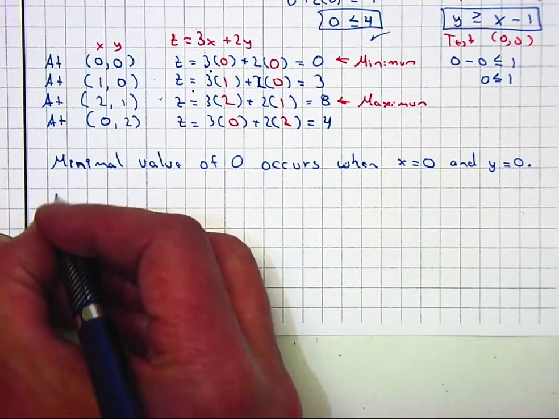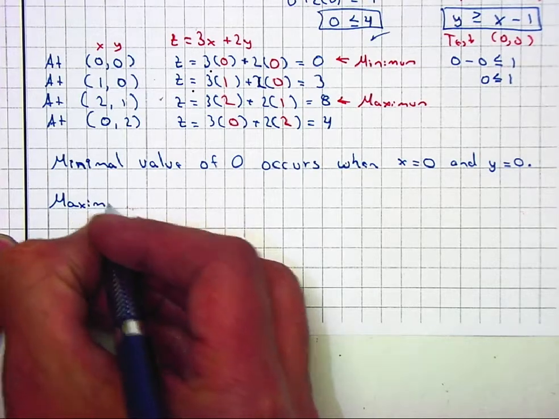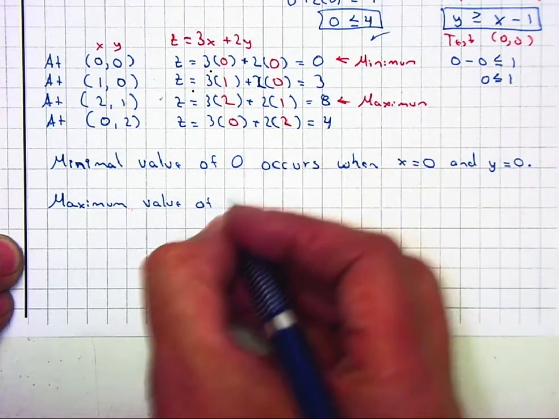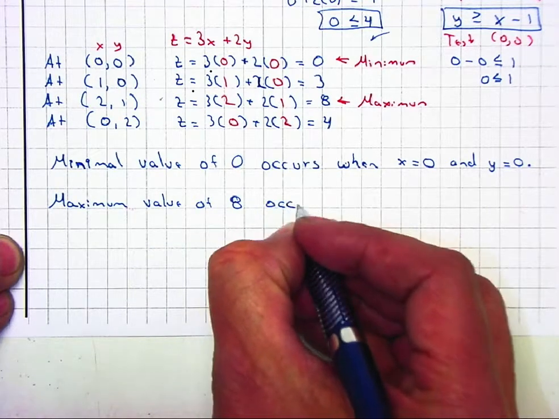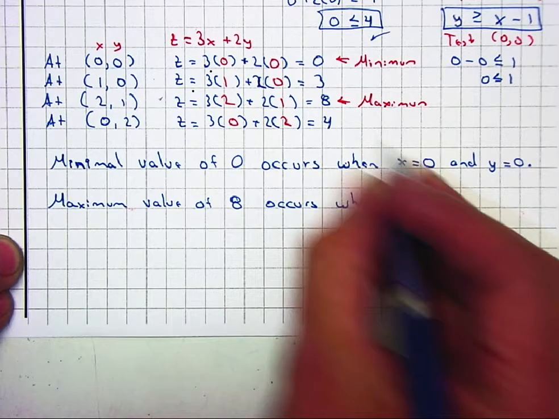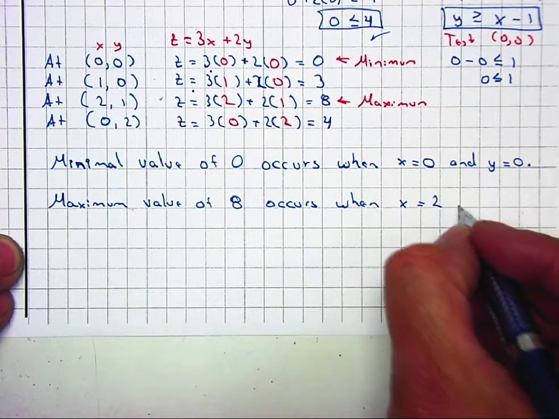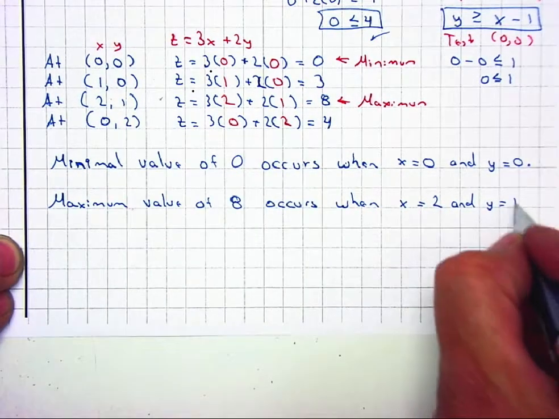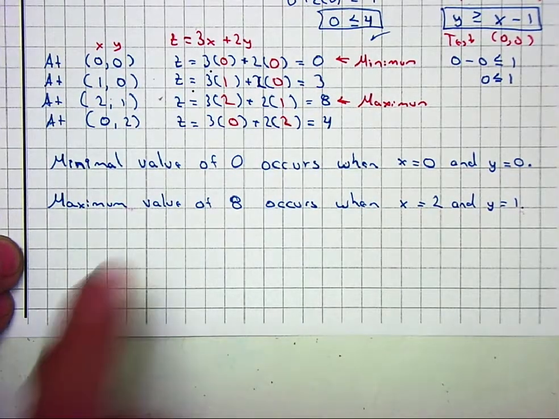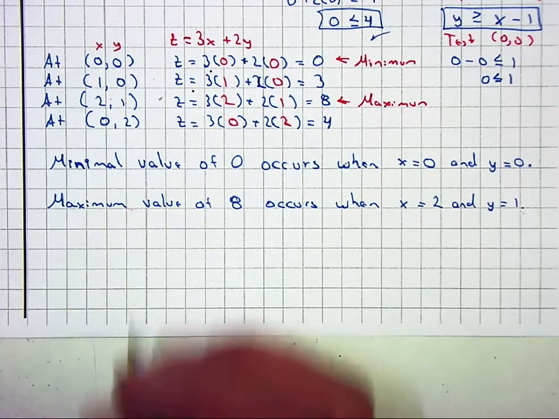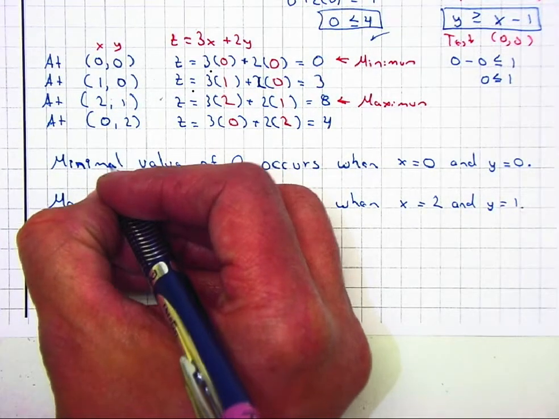Maximum value of 8 occurs when x is equal to 2 and y is equal to 1. So therefore we find our minimum and maximum value. Minimal should be minimum.